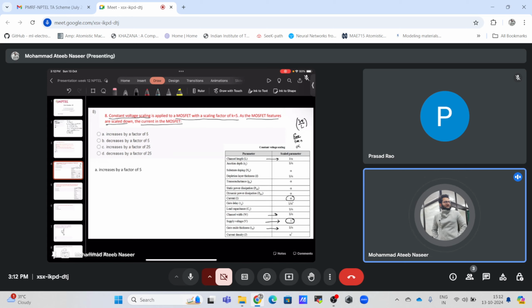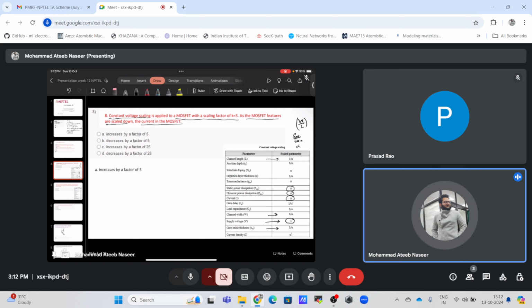The dynamic power will increase, and the static power will increase. So the overall power dissipation in this circuit will be enhanced. As a result, there will be heating of the device. It is simple: if we are scaling a device but keeping the supply voltage constant while reducing the channel length, it would degrade the power handling capacity of the device, because the static power and dynamic power will both be higher, and because the current has increased.